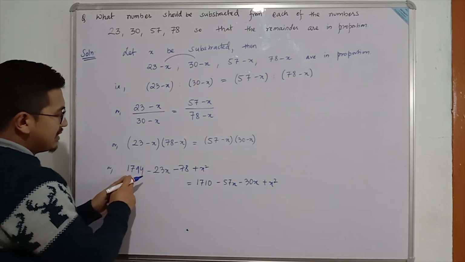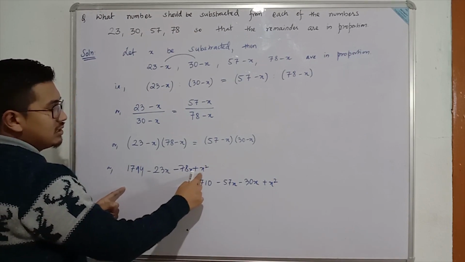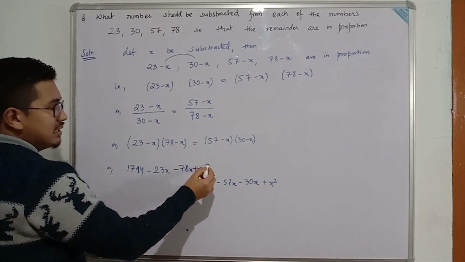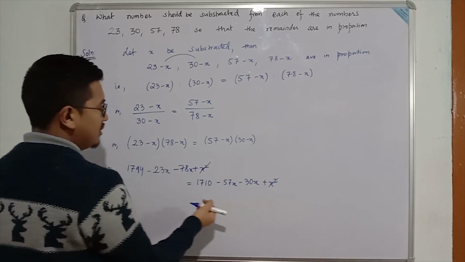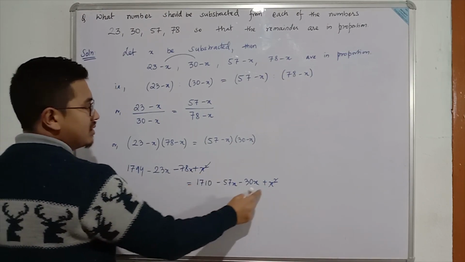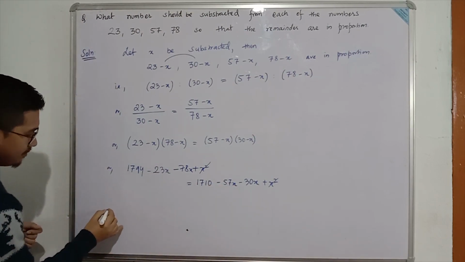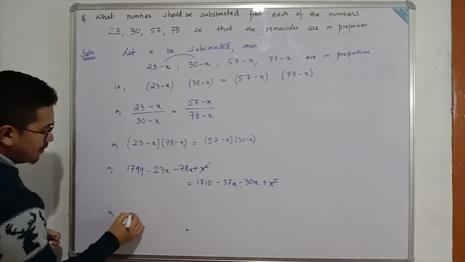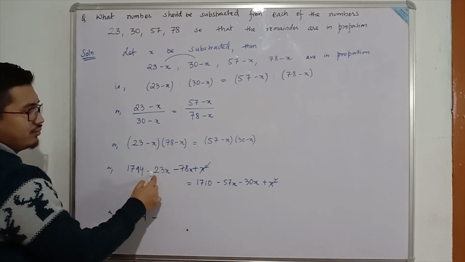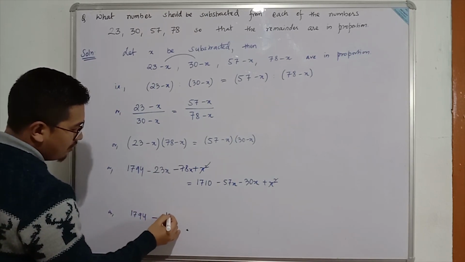Now we have 1794 minus 23x minus 78x plus x square on the left hand side, and these numbers on the right hand side. Here we can see that x square and x square are the same on both sides, so we'll cancel them because it is plus x square on each side. After that, 1794 minus 23x minus 78x is 101x.